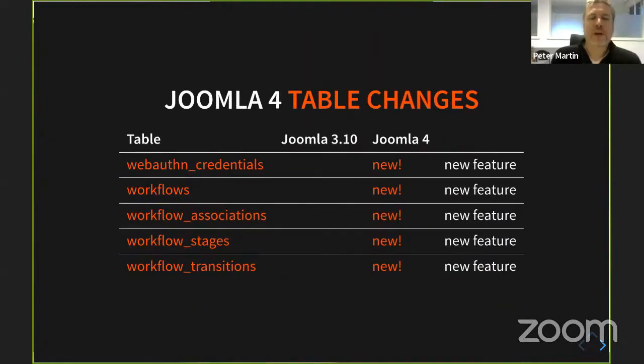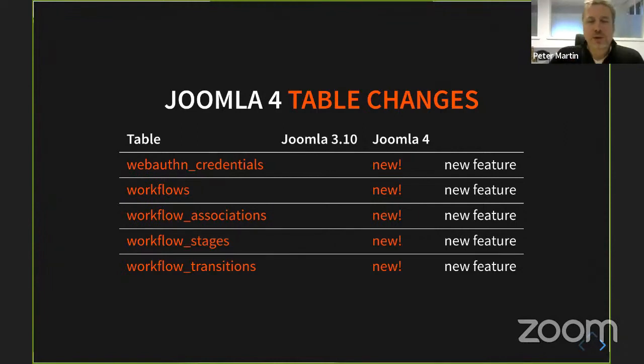Then finally, there are a couple of new tables. The first one is the web authn credentials. It's for the API of Joomla. Joomla 4 has an API, and to access the API, you need credentials, and those are stored in this table. And of course, we have the workflows. In the past, you could create an article and make it unpublished by default, and someone else could look at it, and if it was correct, they could publish it.